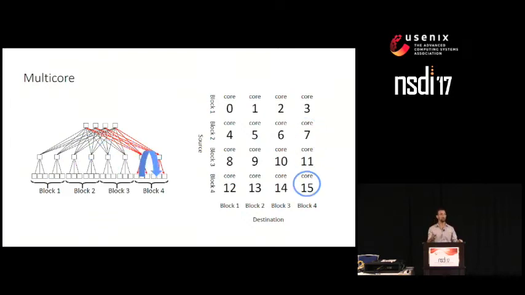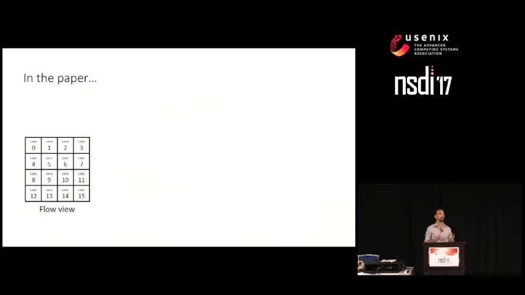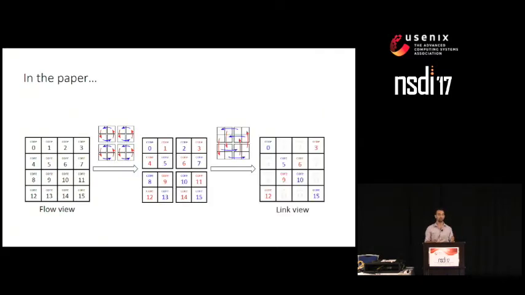So for every column, we choose a core to handle these downward links. We have the main diagonal responsible for upward links, the secondary diagonal responsible for the downward links. And in the paper, you can read the details on how we move from flowlet computations on the entire matrix to link computations on the diagonals and back using sequential reads.